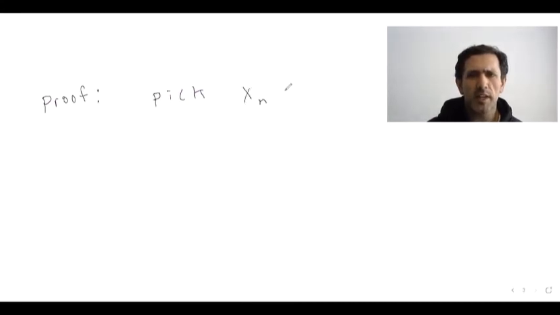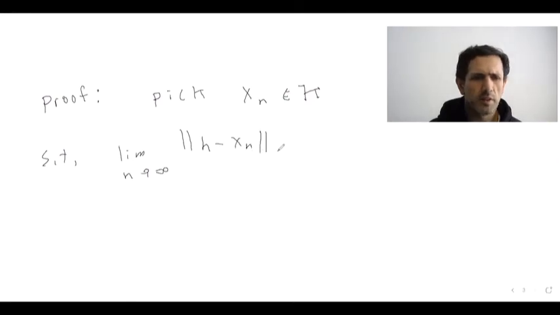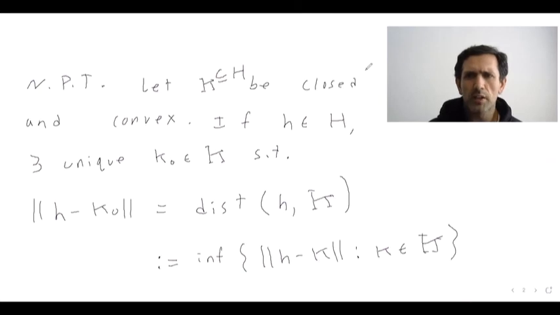We can pick x_n in K, and this is just, again, the definition of an infimum, where the limit of the norm of h minus x_n, let's call this d for distance.